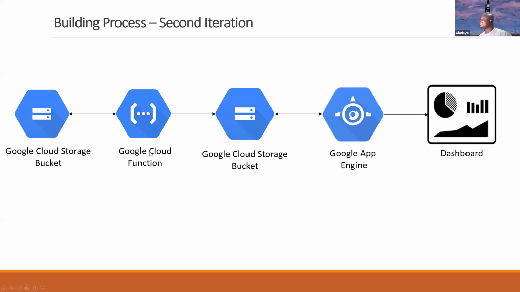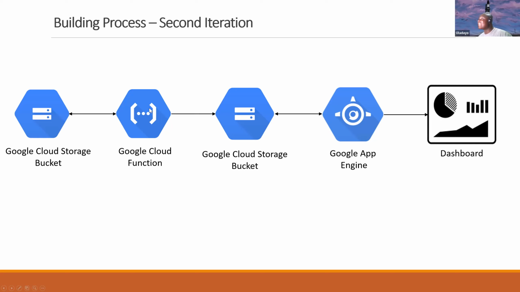What it does is that it only runs in relation to an event happening. It doesn't run 24/7. It only runs in relation to an event happening, and those events are called triggers. One of the triggers it offers is that I can set it so that anytime a new daily report or a new file comes into this bucket, this function should run.